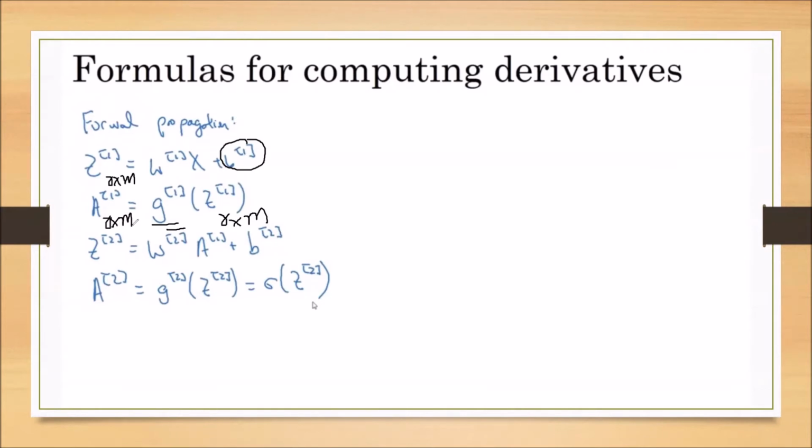By using these, with matrix size R by M, we calculate Z2. So again, Z2 is equal to W2 A1. This W2 depends upon the number of input features. Here the input we are using is R by M; this A1 matrix is R by M.